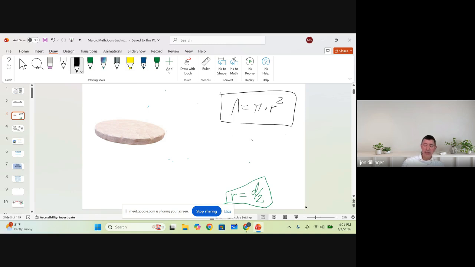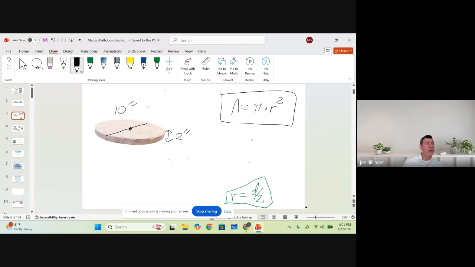Suppose this is 2 inches thick. And let's say the diameter is 10 inches. Okay.